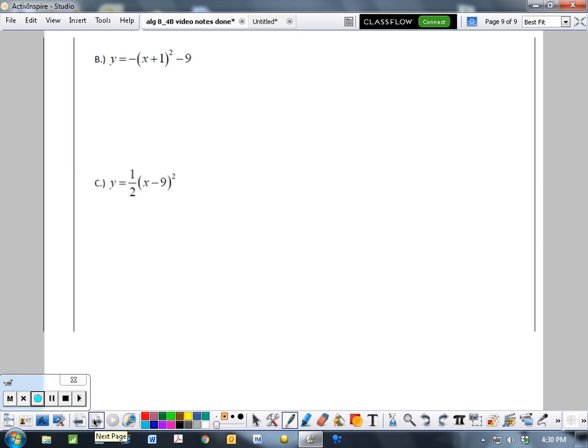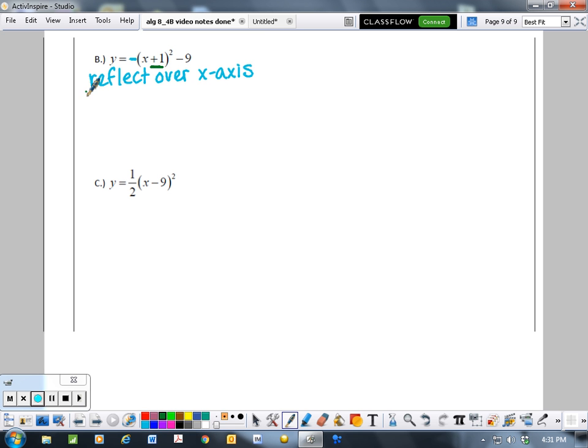Okay, so let's look at our next one. Let's start with our negative in front. So the negative is reflect over x-axis. And then we move to our inside. We change the sign of that.